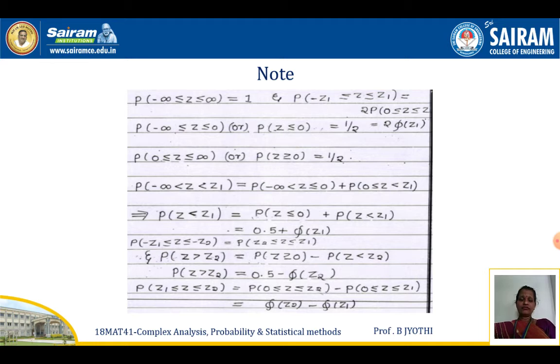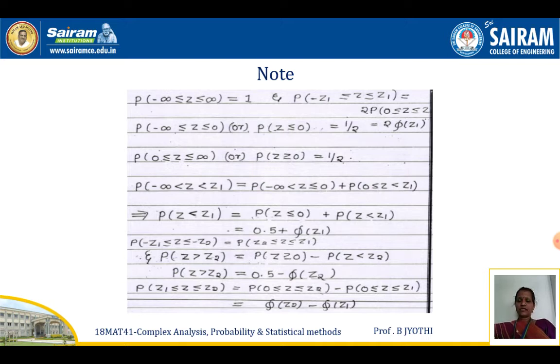Therefore, instead of taking minus z1 and plus z1, we can take twice P of 0 less than or equal to z less than or equal to z1. And minus infinity to 0 is the same as P of z less than or equal to 0, which equals half always, or twice phi of z1.